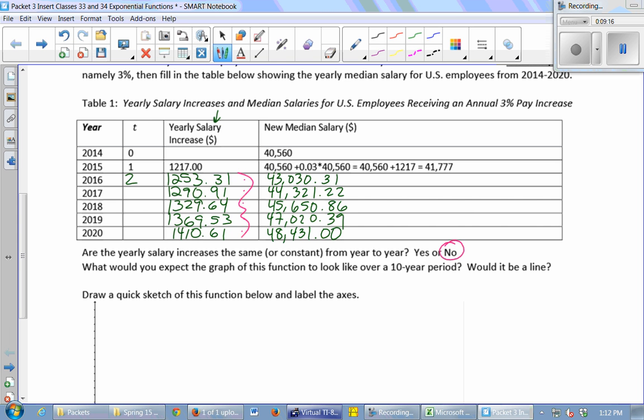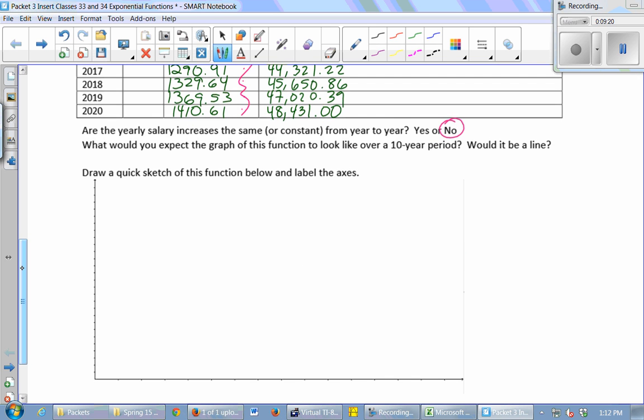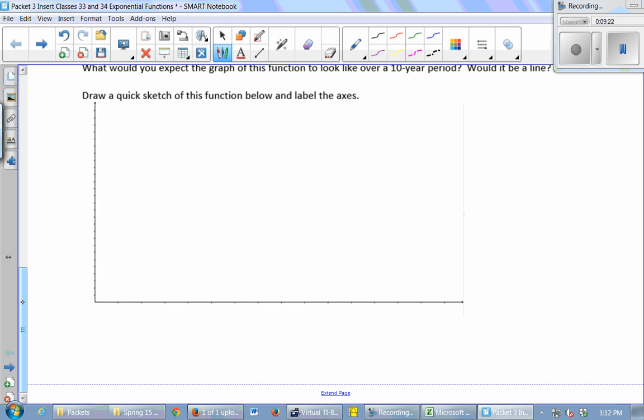and more. So instead of having a constant slope, if I plotted the year versus salary, the amount of the jumps will get bigger and bigger and bigger. So my first salary was like 40,000. I'm not going to plot this with any accuracy, right? And then I have a small jump, and then the next year I have a slightly bigger jump.